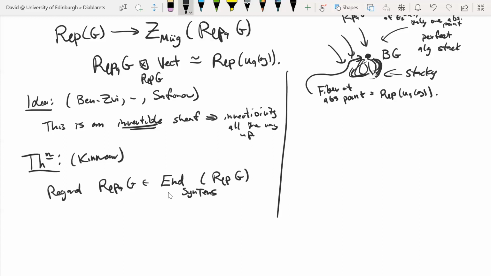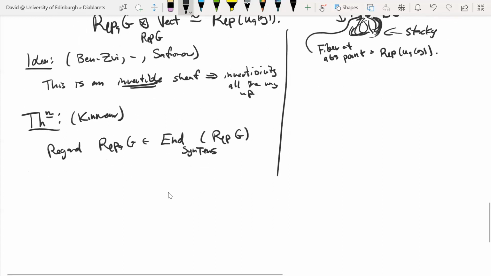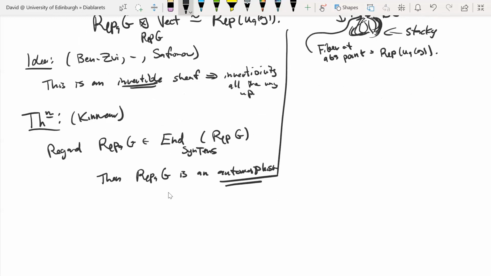So that's a construction. I'll remind you how to think about this. His theorem is: it's not just an endomorphism, it's an automorphism.